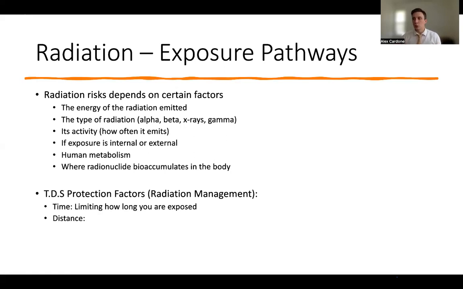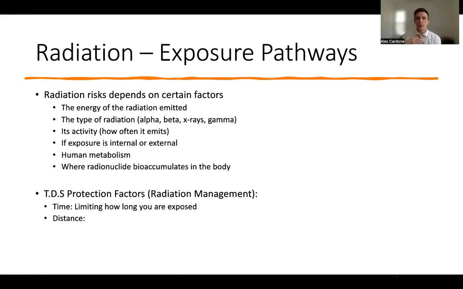There are actually sources of radiation that we are ingesting and eating all the time, or things that have radioactive substances in them. But our body can take care of and metabolize a lot of those sources on its own. And then as well, where the radionuclide bioaccumulates in the body. Again, we're eating this all the time, but if we're looking at something like thorium-234, it may accumulate in the liver.